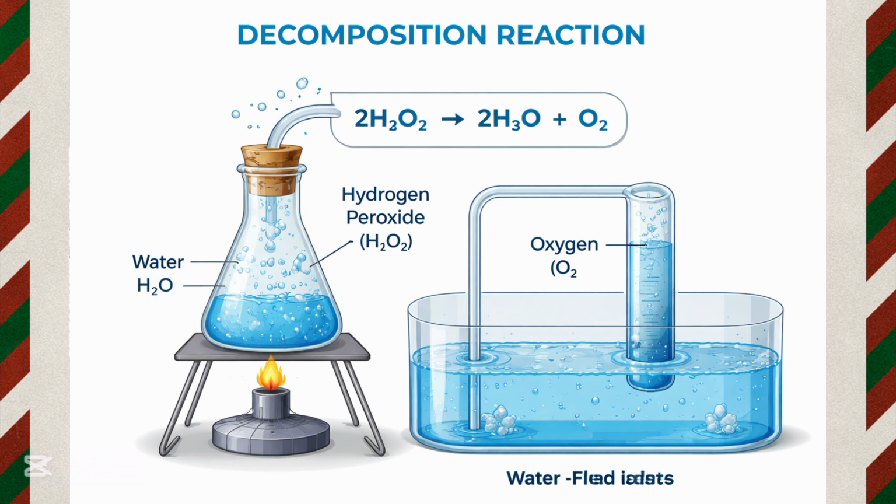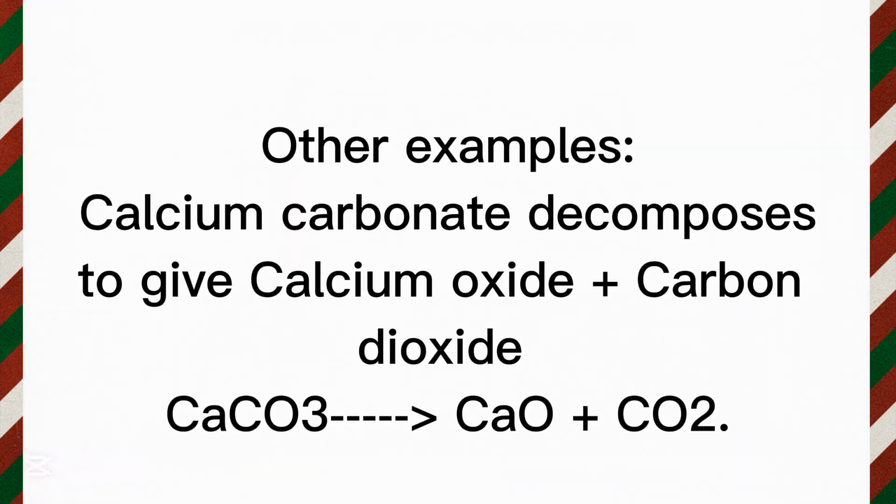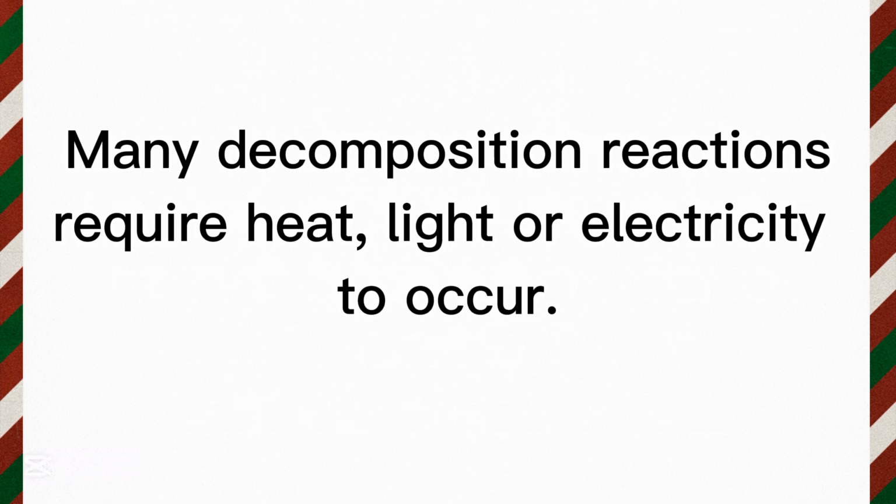By applying heat, the substance decomposes. When it decomposes, it gives water and oxygen. Other example, calcium carbonate decomposes to give calcium oxide and carbon dioxide. Many decomposition reactions require heat, light or electricity to occur.